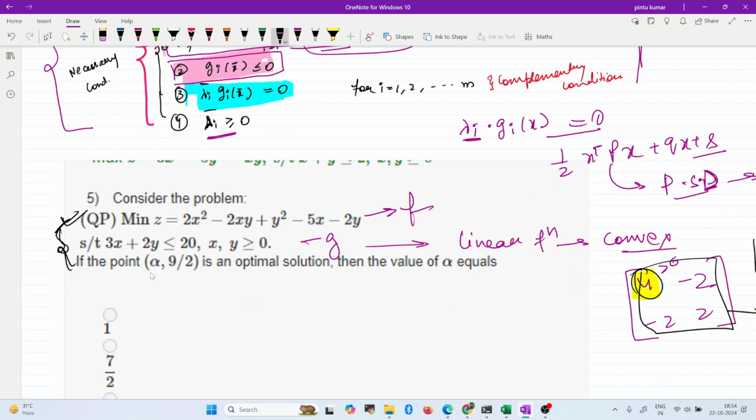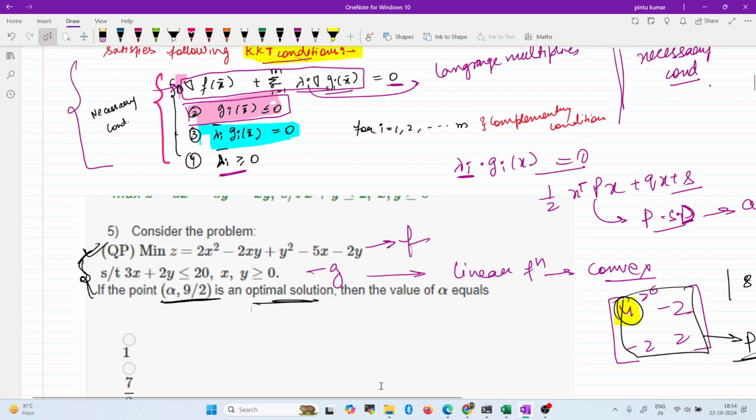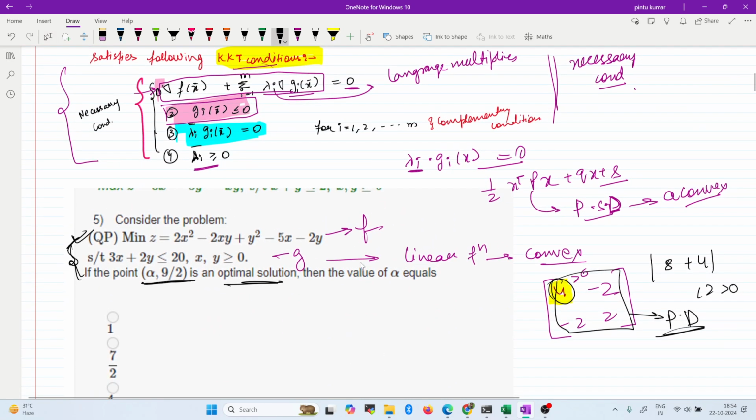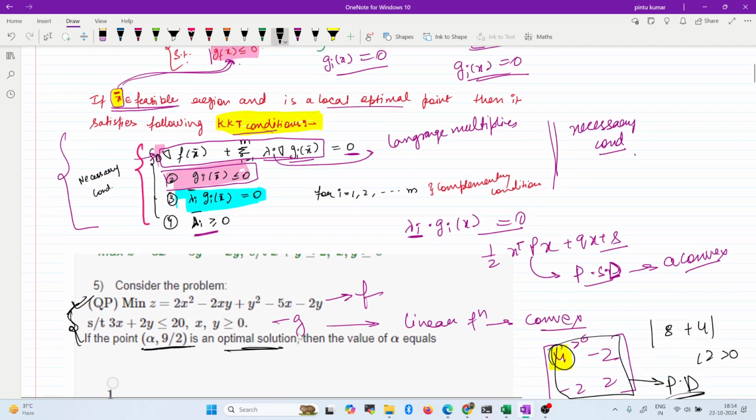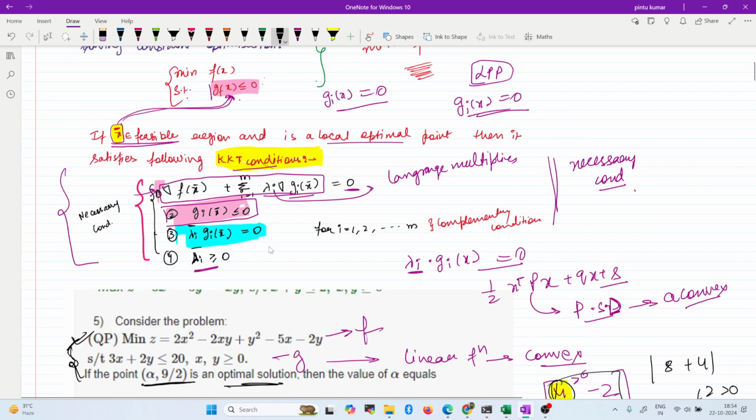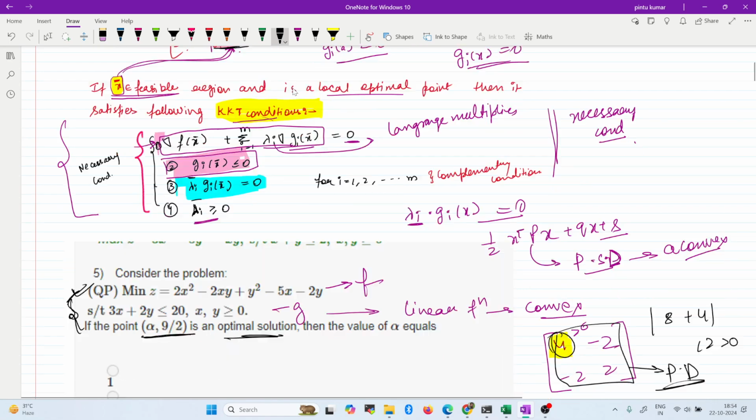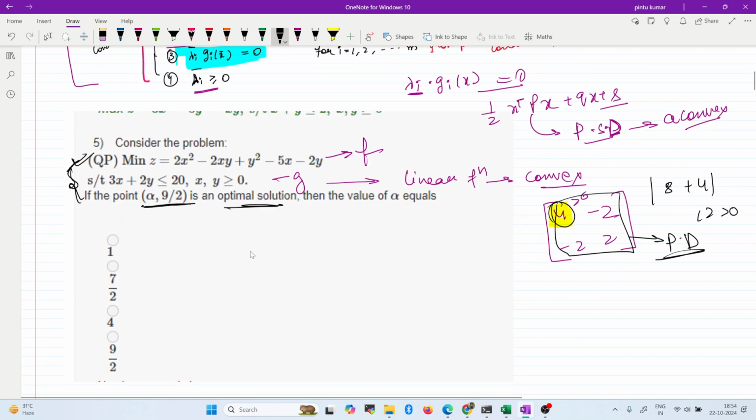What this means is that if alpha comma 9 by 2 is an optimal solution, then it should satisfy the KKT conditions. Now we have 3 constraints over here. If you look at the sample problem, all the constraints should be of the form g(x) less than or equal to 0, so we should write it in that form first.